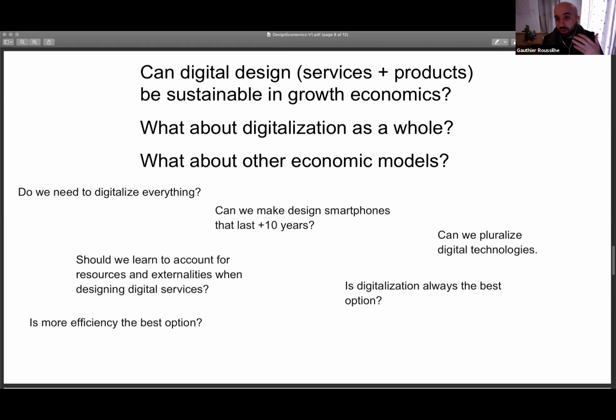And obviously you will not change anything in your actual economic model. A recent example was Volkswagen doing an ecological website to present SUVs, which is the ultimate example of greenwashing using digital sustainability.